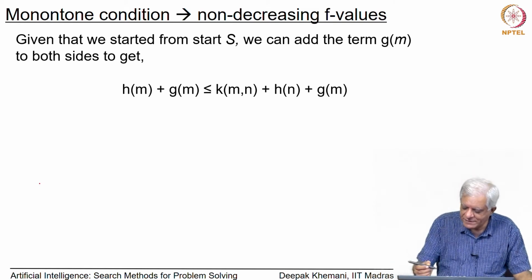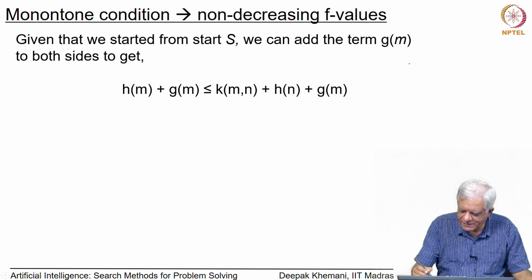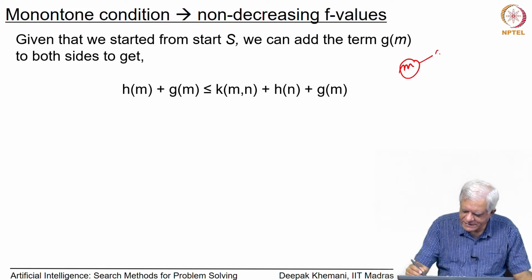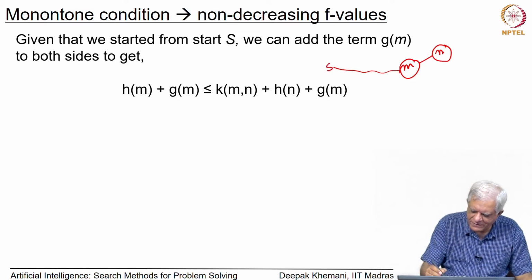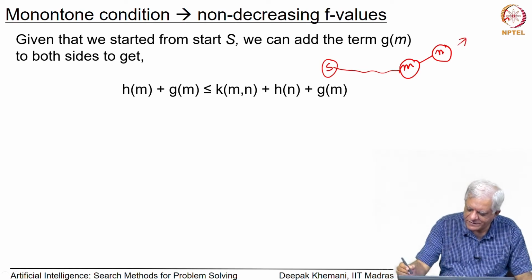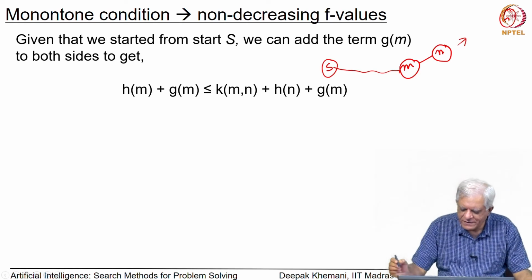Remember again that m is a node, its successor is n, and we have found some path from s to m, and we are going towards the goal somewhere there.